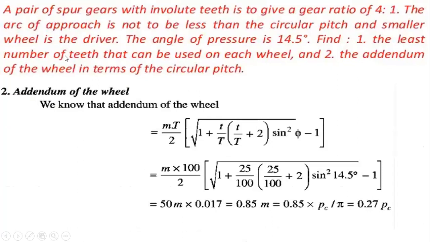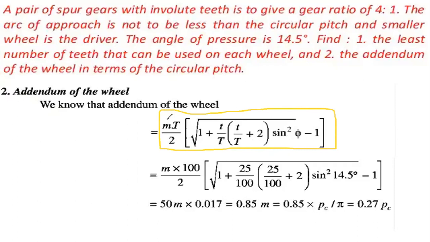So the addendum of the wheel is taken as m into T by 2 into the root of 1 plus small t by capital T into small t by capital T plus 2, into sin square phi minus 1.